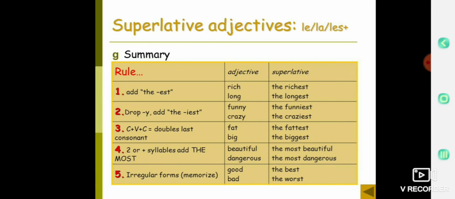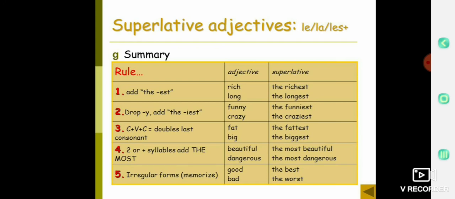Like in fat, you double the T and then add EST, so the spelling will be F-A-T-T-E-S-T. In big, again, you double the G and then write EST. It will become biggest, B-I-G-G-E-S-T. Okay, so remember it.